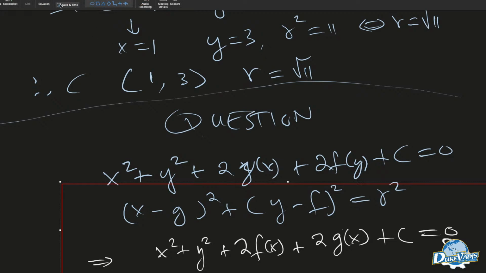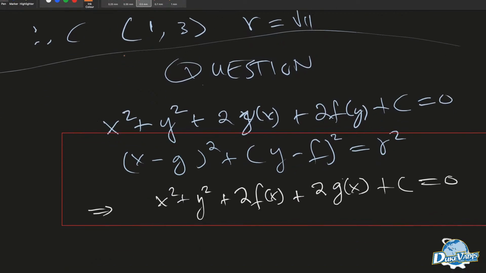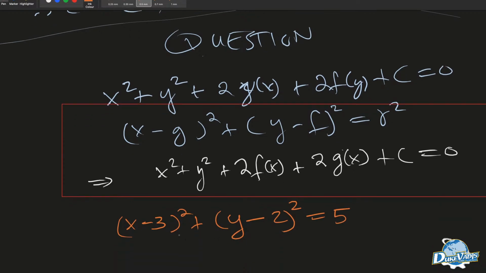Typically, let's take an equation of a circle which is in the form of the first one. So if I have x minus 3 squared plus y minus 2 squared is equal to 5, that exactly looks like the first one.